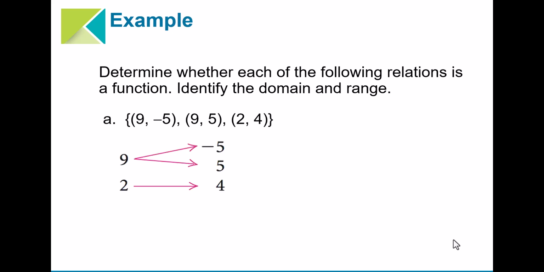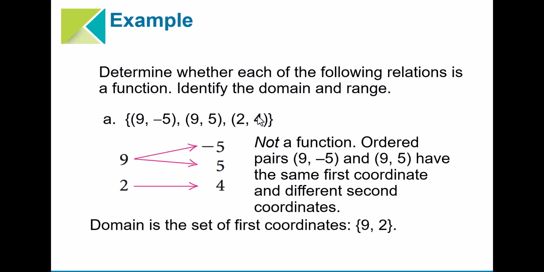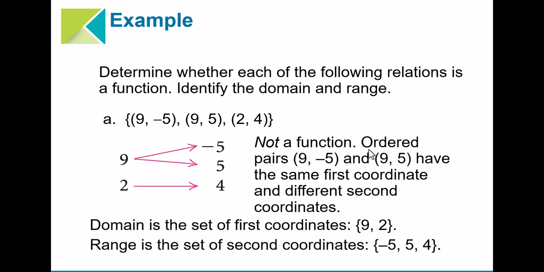As we can see, 9, my x value, and again, even think of it as an input, is going to 2 different outputs. So this is not a function. The domain are the first coordinates, so it would be 9 and 2. And then the range would be the second coordinates, -5, 5, and 4.